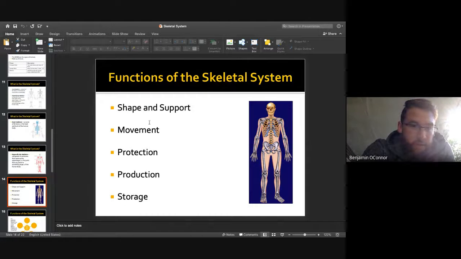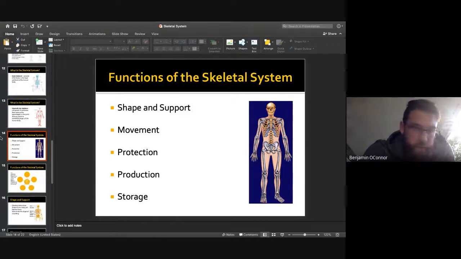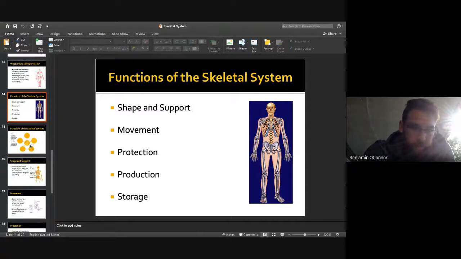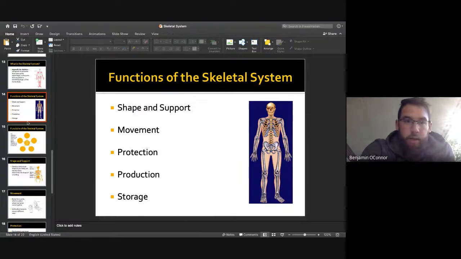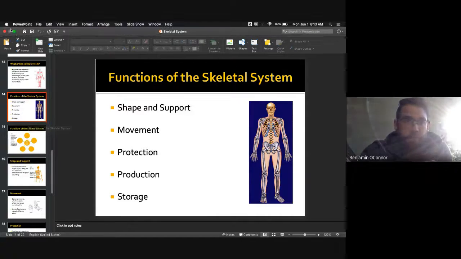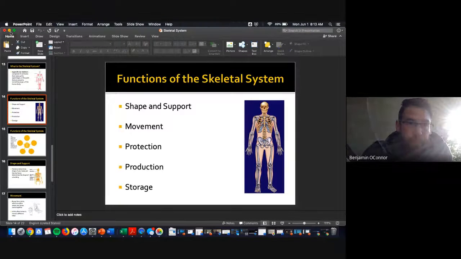We're going to get into movement once we move towards the muscular system. Protection's the huge thing. Storage a little bit, things like calcium. And so the foundation of the skeletal system is that it allows for structure, and it's a good holdfast for the muscular system.